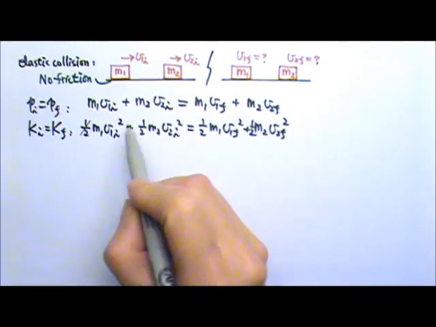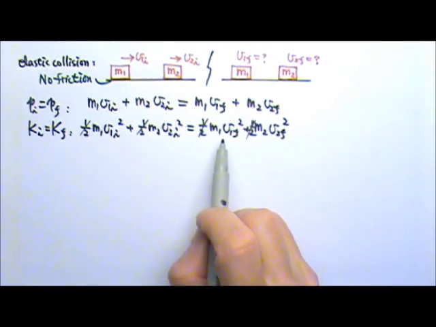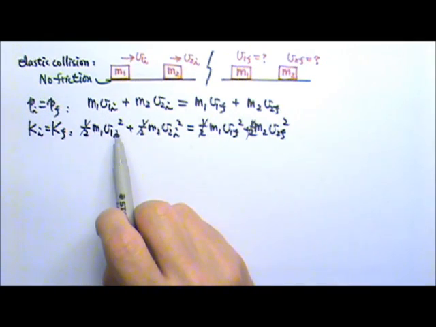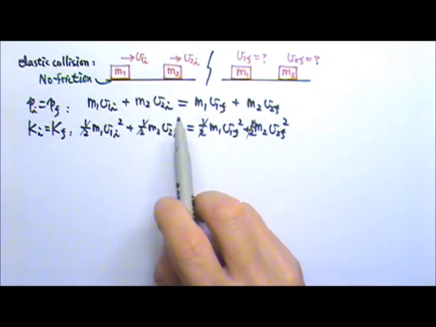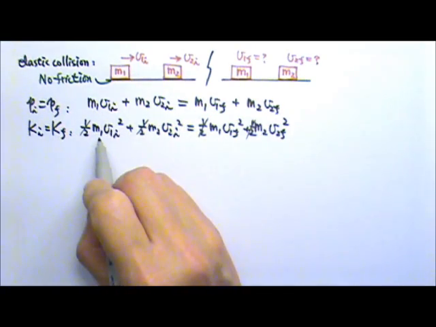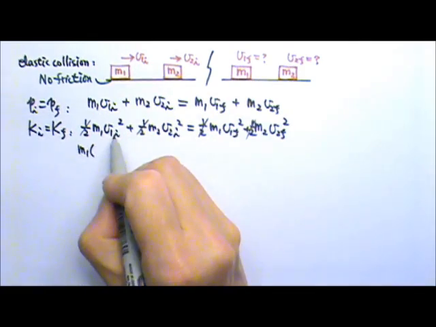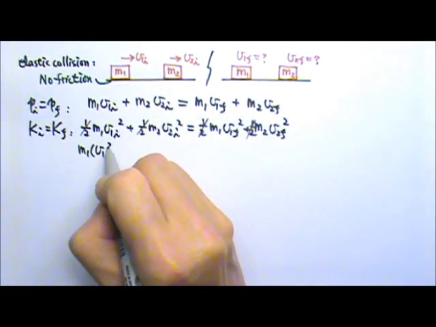First, I'm going to cancel the 1/2. And then I'm going to move the m1 terms to the left side and the m2 terms to the right side. So if I move this one over, I can factor the m1 out. So this one is v1i squared.